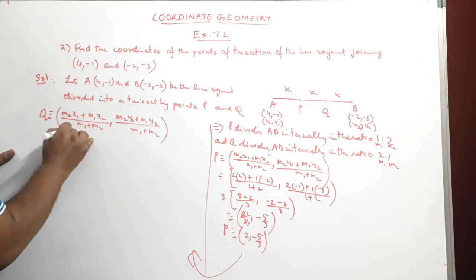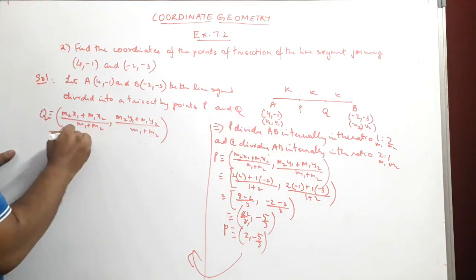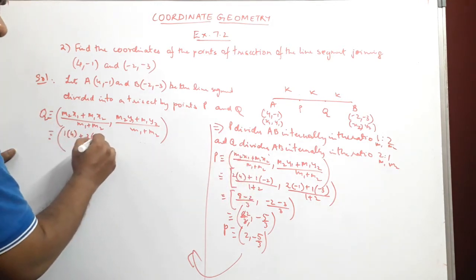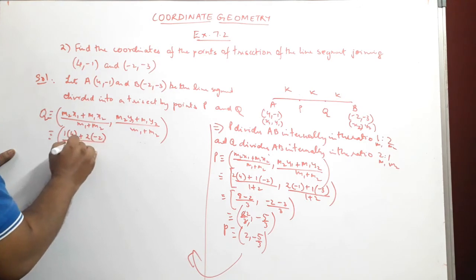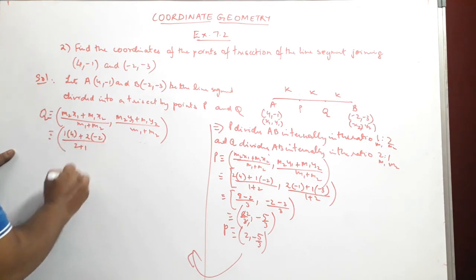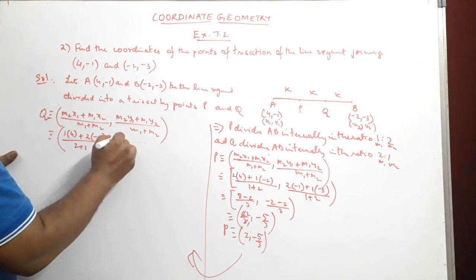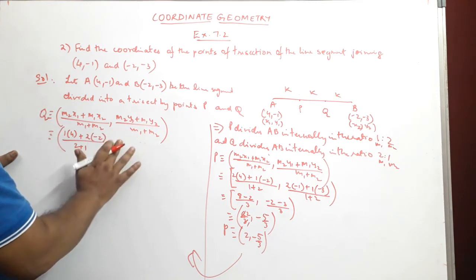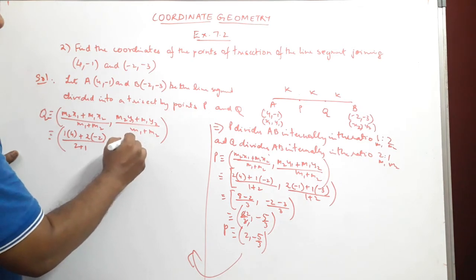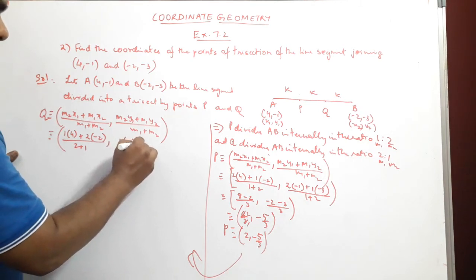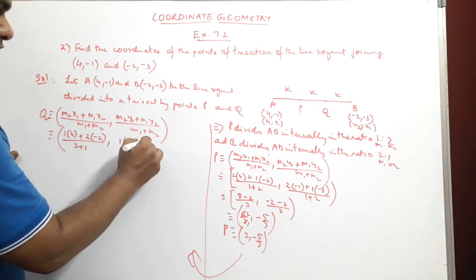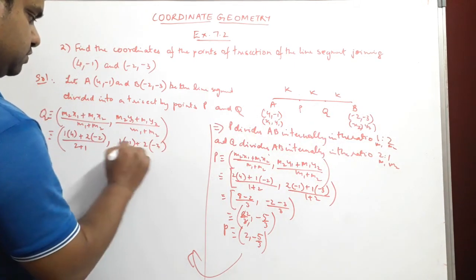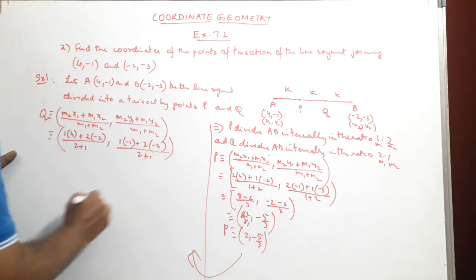So m2, that is 1, into x1, which is 4, plus m1, which is 2, into x2, which is minus 2, whole thing upon m1 plus m2. So 2 plus 1, comma m2, sorry, m2 which is 1, yeah, changed, into y1 which is minus 1, plus m1 which is 2, into y2 which is minus 3, whole thing upon 2 plus 1, this is m1 plus m2.